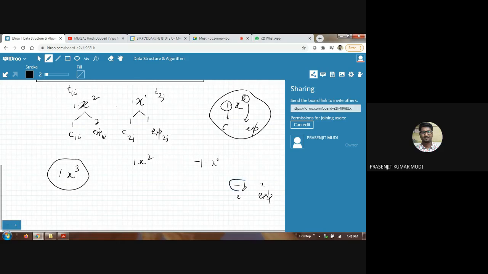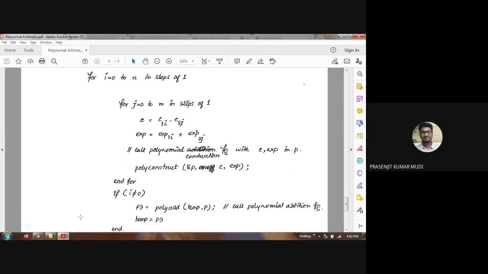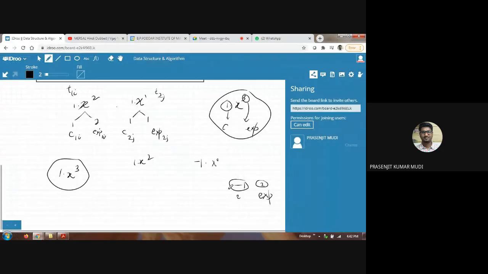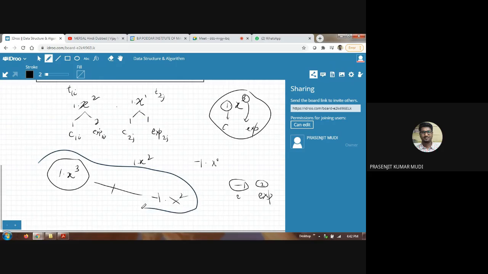These two values, minus 1 and 2, will be sent to polyconstruct function, and polyconstruct function will do minus 1 into x to the power 2, and it will add with this to calculate a temporary polynomial up to this part. See, 1x cube plus minus 1 into x square.